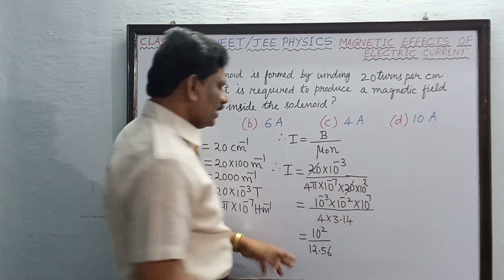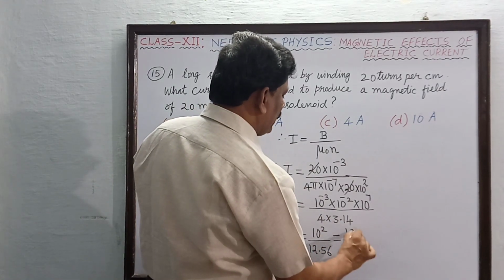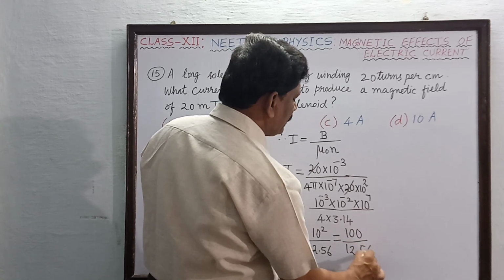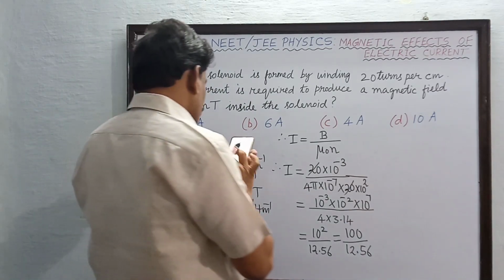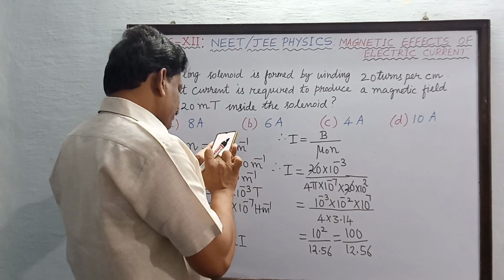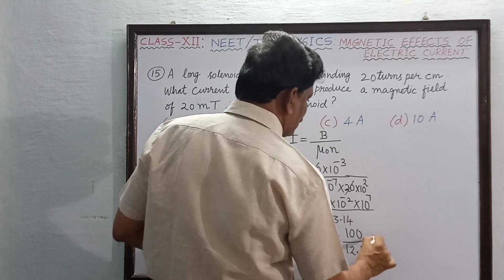So this is now equal to 100 divided by 12.56. So we will use the calculator. 100 divided by 12.56 is equal to 7.96.